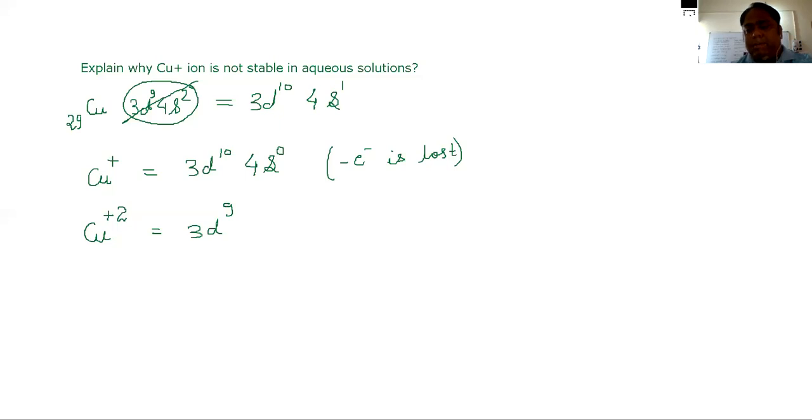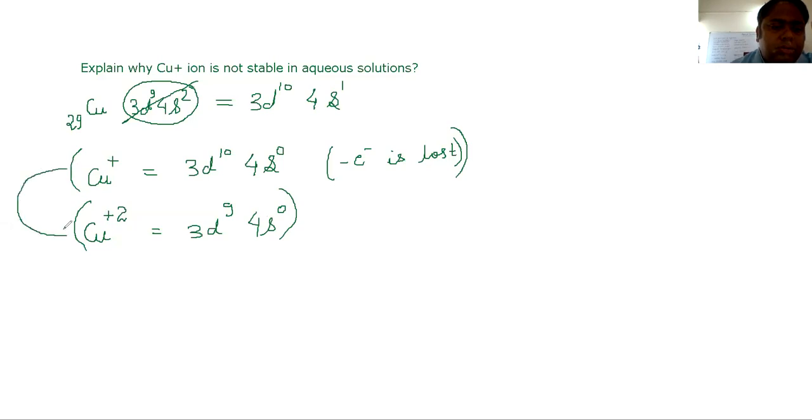So it should have been stable then. It should have been stable. But the moment we put in water, this should be unstable and this should be stable. But the moment we put water, it converts itself into Cu2 plus.